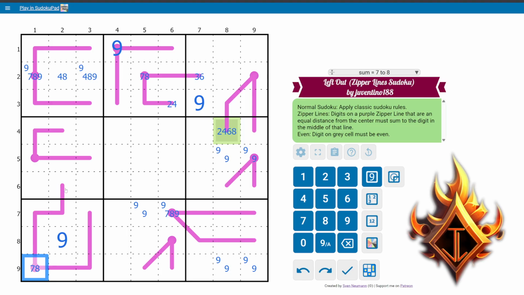And we're not going to be able to get the same digit to equal 7. So this has to be 4.